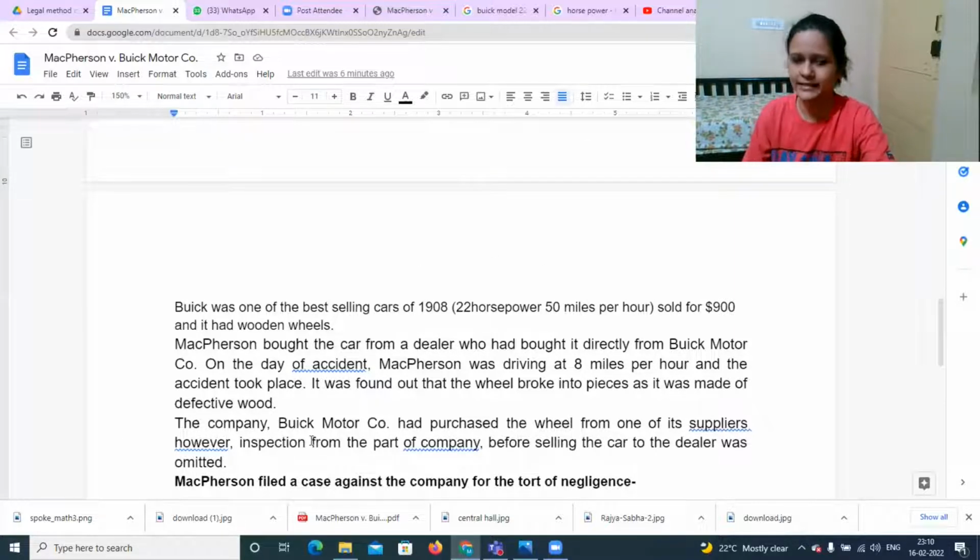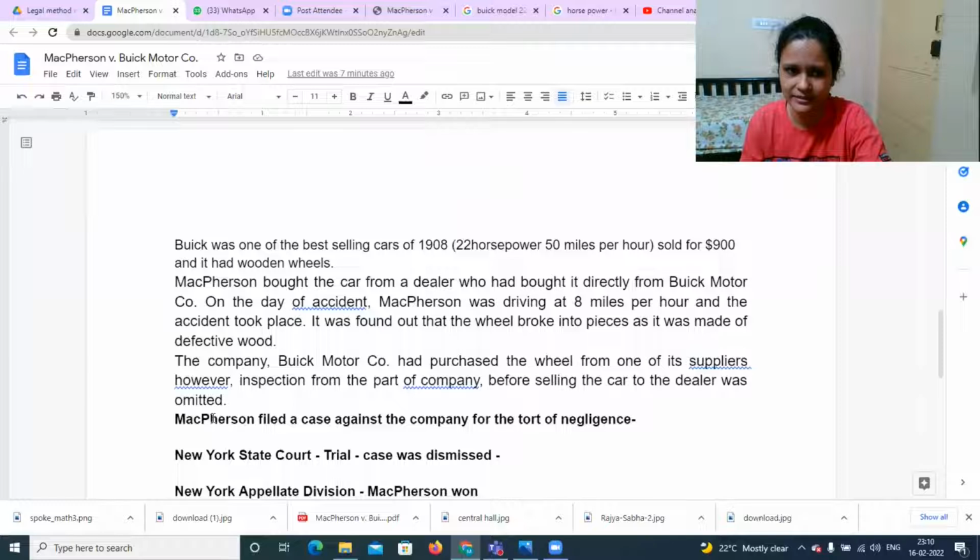On the day the accident took place, where he was thrown out of the car, MacPherson was driving at 8 miles per hour, as in he was driving within the prescribed features that the manufacturer had mentioned, and the accident still took place. It was found that the wheel broke into pieces as it was made of defective wood. That was the main reason.